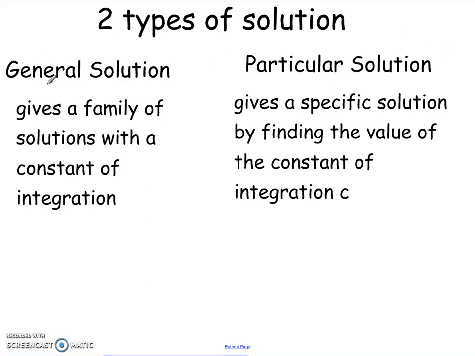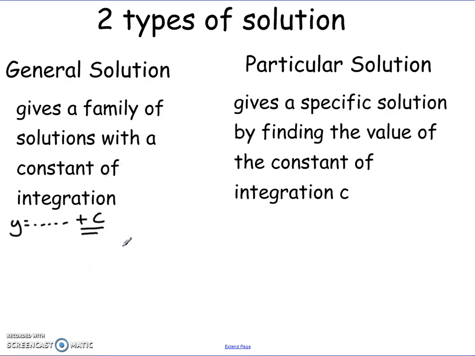Now, when we solve a differential equation, we get a general solution, we get a family of solutions. And why do we get a family of solutions, you ask? Because we're left with a constant of integration. So what we'll end up with is maybe y equals a whole spiel of stuff plus c, with this plus c as a constant of integration.